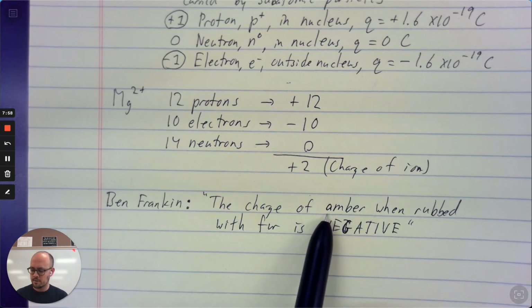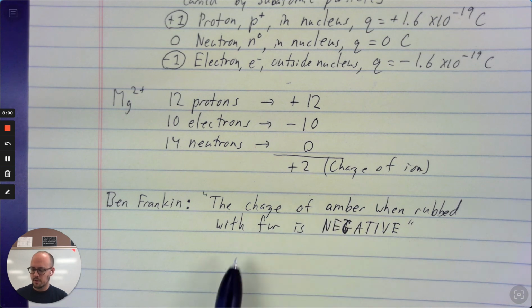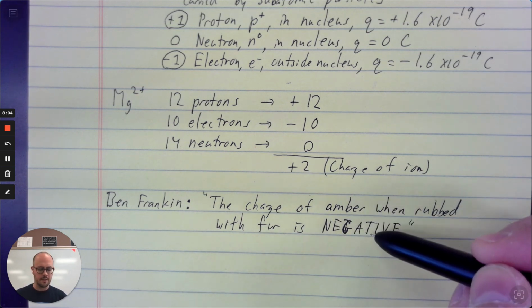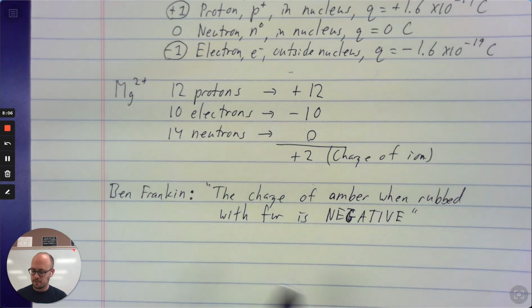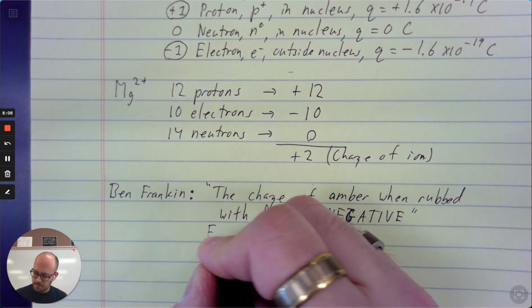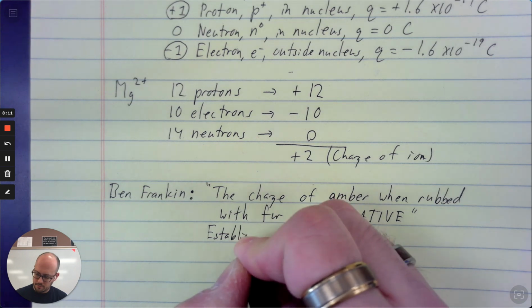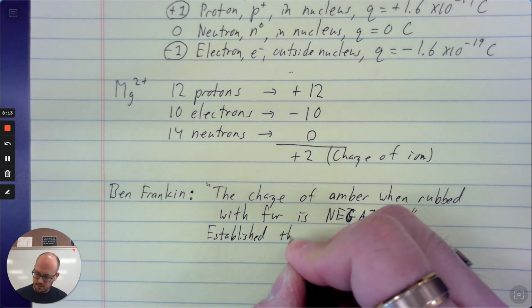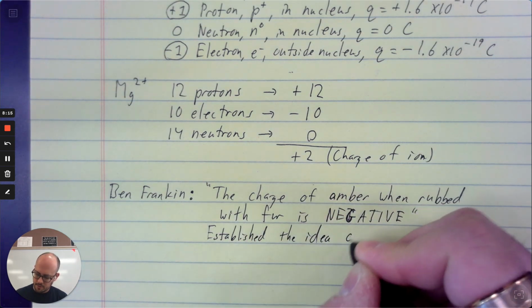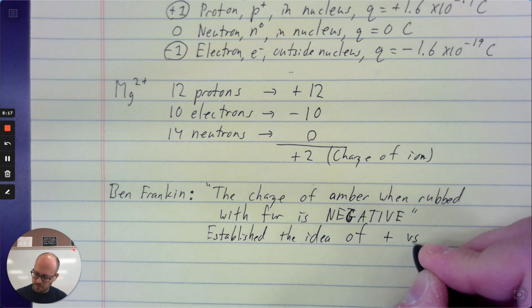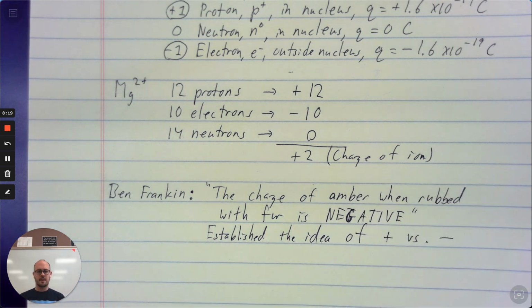When you take this hardened tree sap and rub it with animal fur, he said that the amber becomes negative. And this idea established the idea of positive versus negative. And so that had a lot of consequences. Okay? In the next video, we'll talk about some of those consequences.